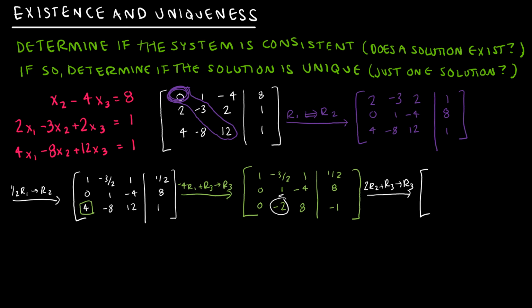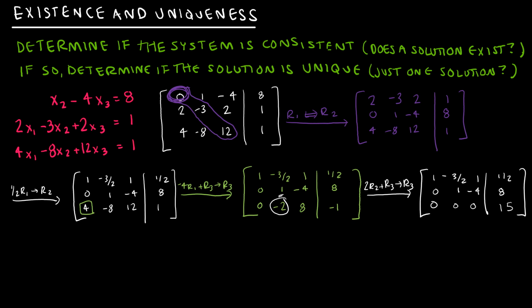Which means row 1 is the same, row 2 is the same, and row 3 is 2 times row 2 plus row 3. So that gives me a 0 here, a 0 here, and a 15 here.